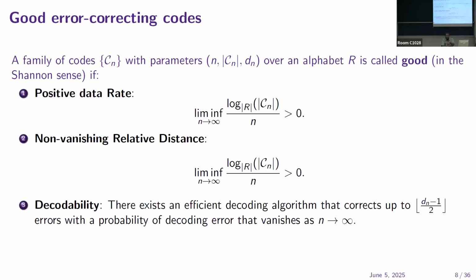A family of codes is good if conditions 1, 2, 3 are satisfied.